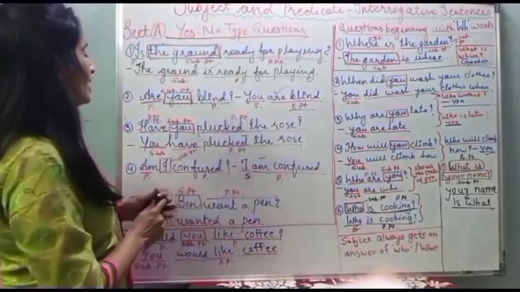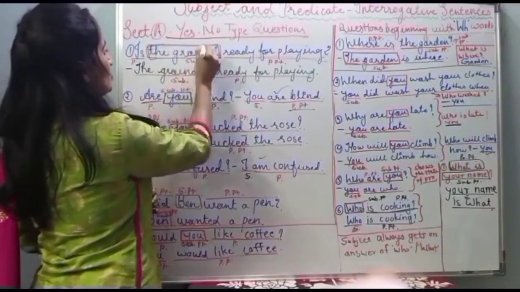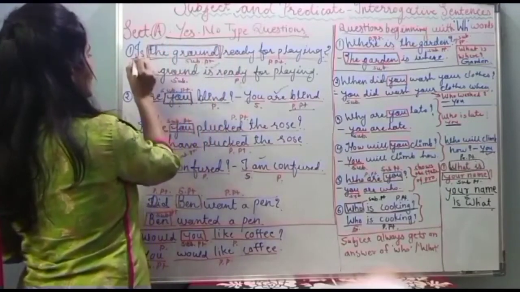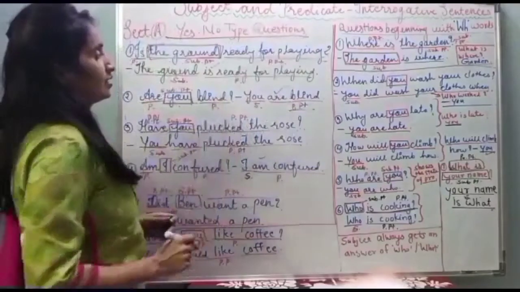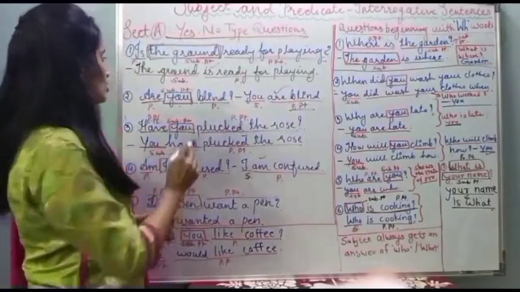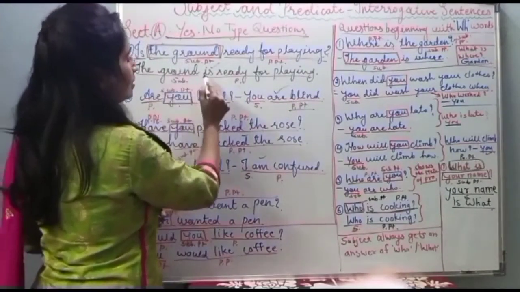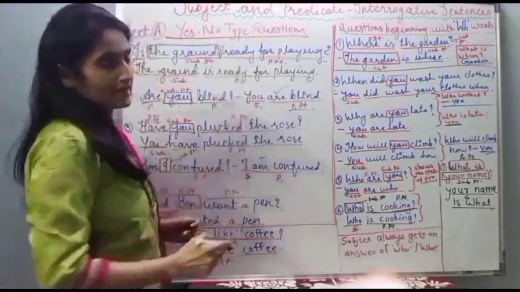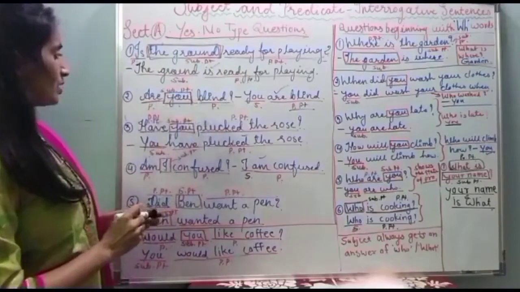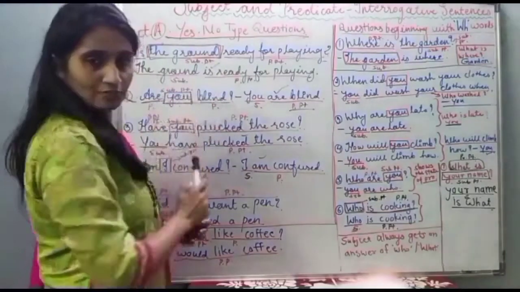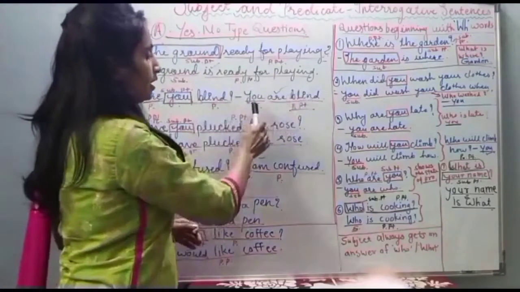And so you can say that the ground is the subject part and is ready for playing is the predicate part. Okay, so the ground is the subject part, is ready for playing is the predicate part. Now see the second question. Are you blind? इसका स्टेटमेंट क्या है?